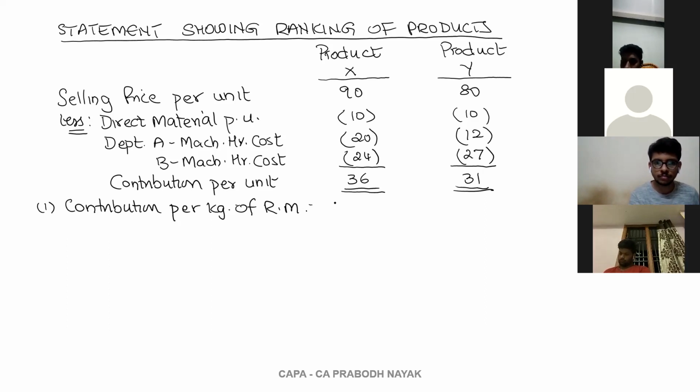So 36 divided by 2 is 18, and 31 divided by 2 is 15.5. So what is the rank over here? First, I will produce product X, then product Y.